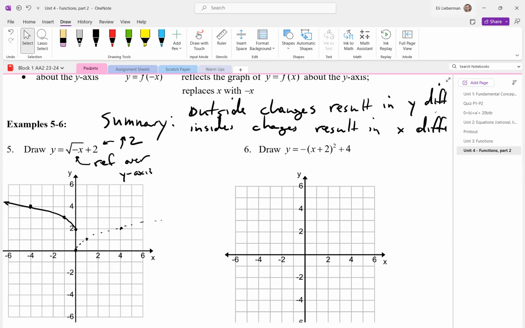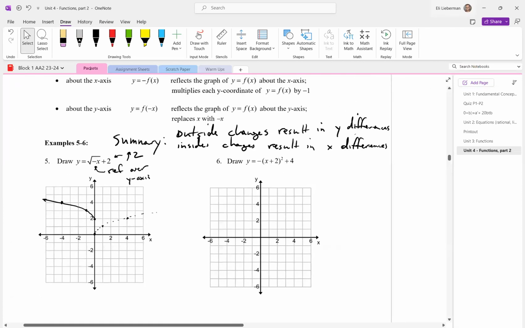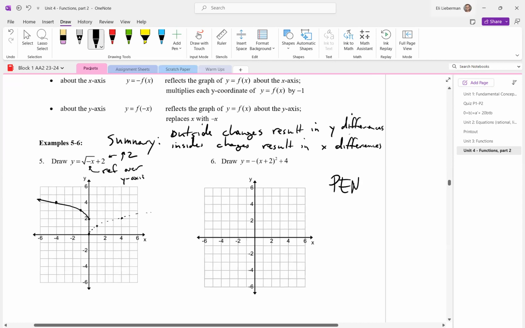Now, you may ask, which one comes first? It matters, and it comes from order of operations. Normally order of operations is PEMDAS. But for translation, there are no parentheses and no exponents, so what we're left with is MDAS.